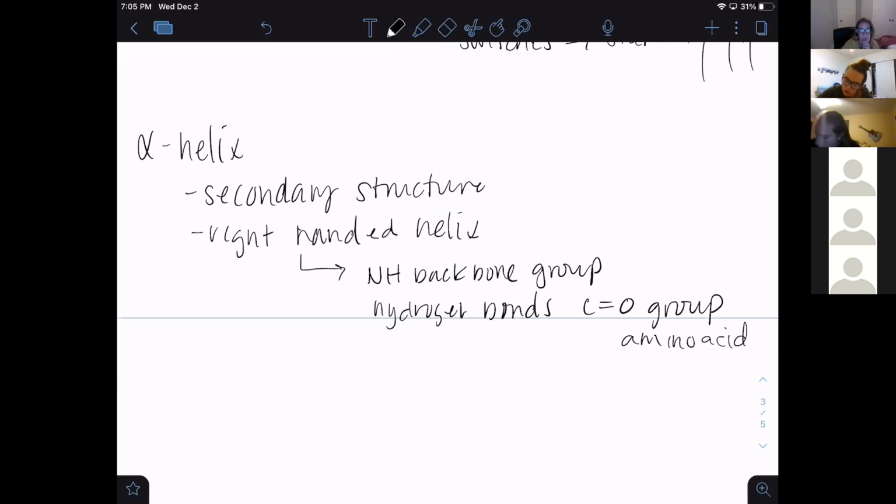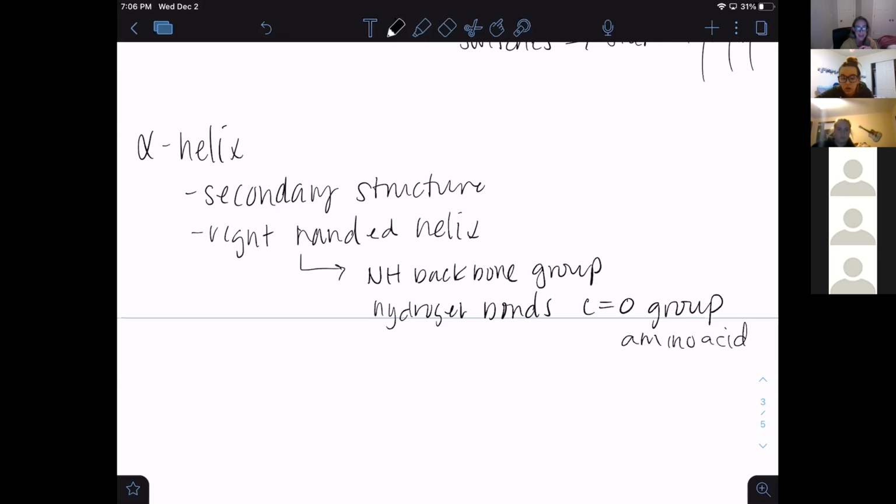The questions on your exam are saying that the NH and the CO bonds point along the axis of the helix in opposite directions. Are there 3.6 amino acids in each turn of the helix? Or the CO group of one amino acid is hydrogen bonded to an NH group four amino acid residues farther along the chain.